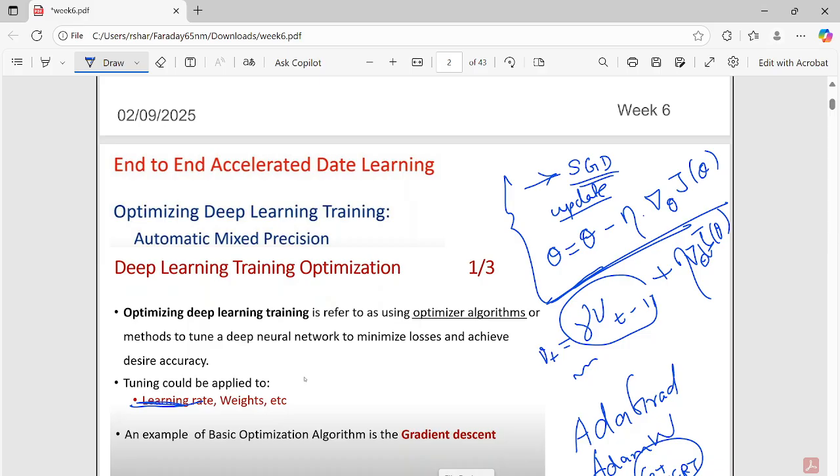Some of the tools include Ray Tune, or if we want to automatically find the best learning rate, then we can do grid search or random search or optimization techniques such as Bayesian optimization. And the learning rate finder, the LR range test, gradually increases the learning rate during a short training run and plots the loss. So we can use this to choose a rate before the loss starts to increase rapidly.